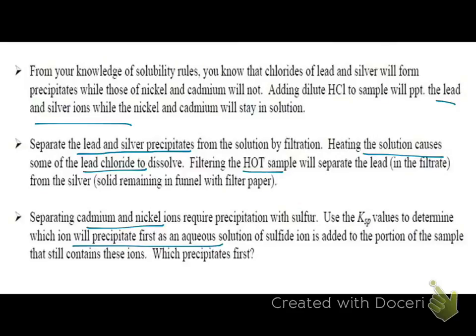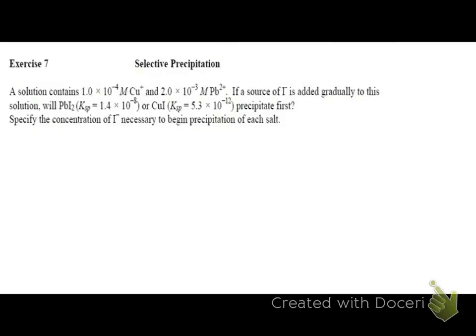So here we go. This is a different example because we have copper. We have a solution containing some copper and some lead, and then we're going to add some iodine to this solution. It wants to know, will the lead iodide or the copper iodide precipitate first?